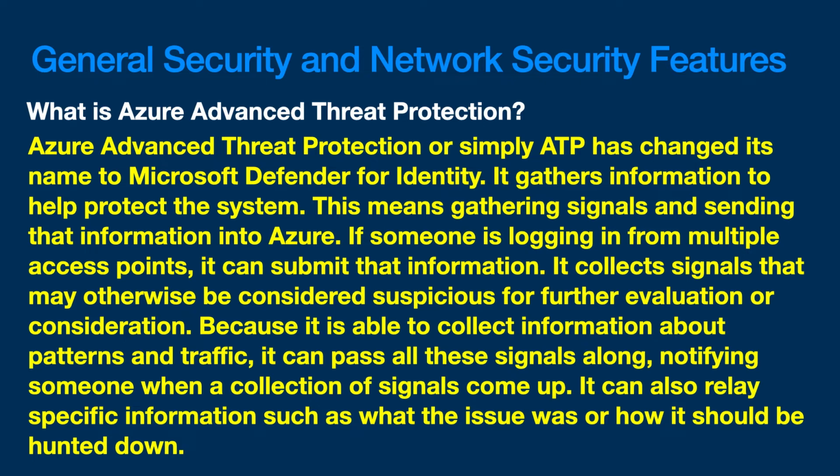It collects signals that may otherwise be considered suspicious for further evaluation. Because it is able to collect information about patterns and traffic, it can pass all these signals along, notifying someone when a collection of signals comes up. It can also relay specific information such as what the issue was or how it should be hunted down.